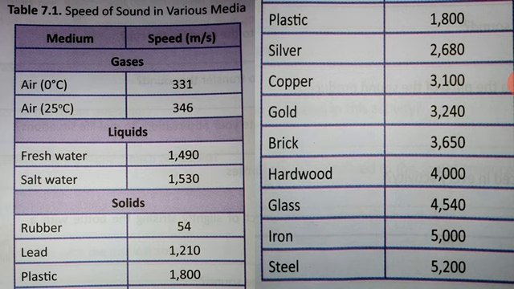For solid, the slowest is rubber, which is 54 meters per second. And the fastest is the steel, which is 5200 meters per second.